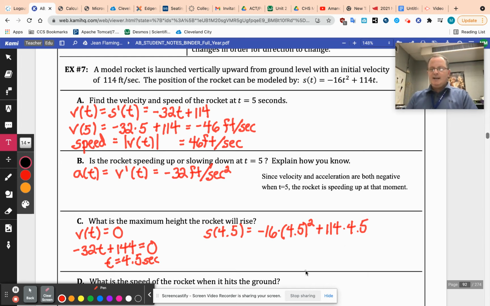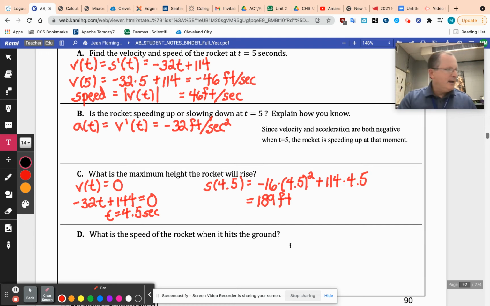All right, and so that's negative 16 times 4.5 squared plus 114 times 4.5, and that's 189 feet. Okay.